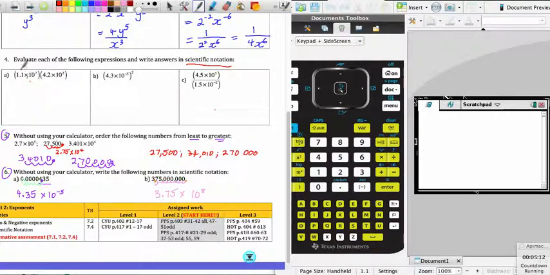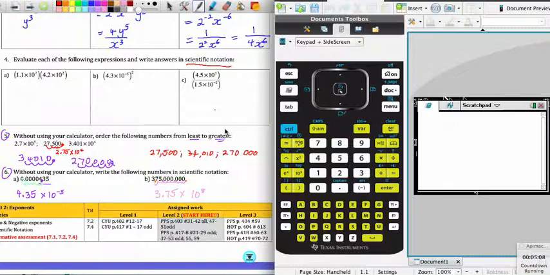And so I'm going to go to my calculator and simply type in 1.1 times 10 to the power of 7. That can be done using the 10 to the x button, but what we want to do is to make sure that the calculator is operating as if these are numbers in scientific notation, and so we use the double E button.